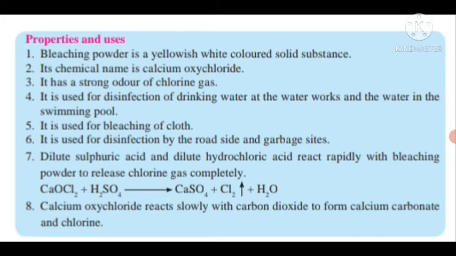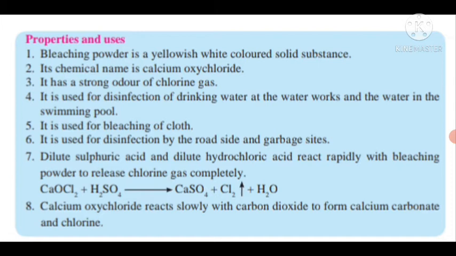Number 4. It is used for disinfection of drinking water at the waterworks and the water in the swimming pool. Number 5. It is used for bleaching of clothes. Number 6. It is used for disinfection by the roadside and garbage sites.